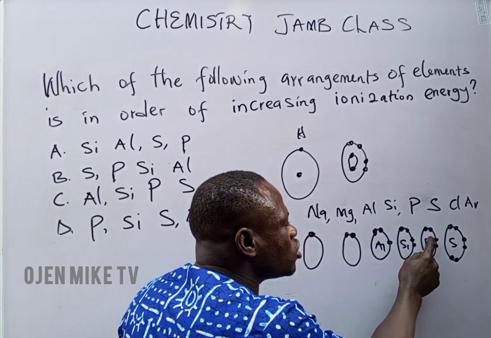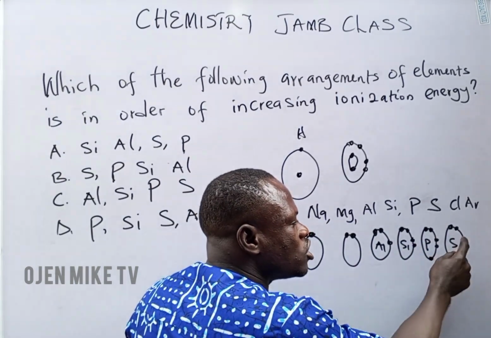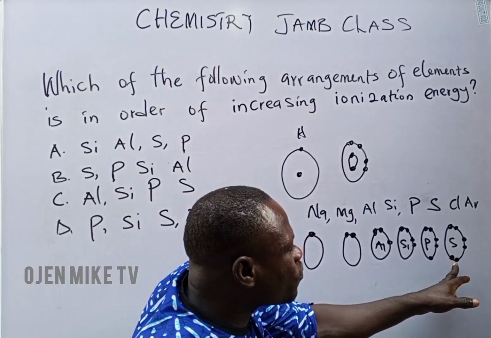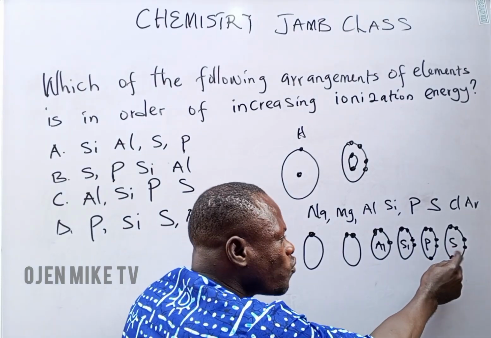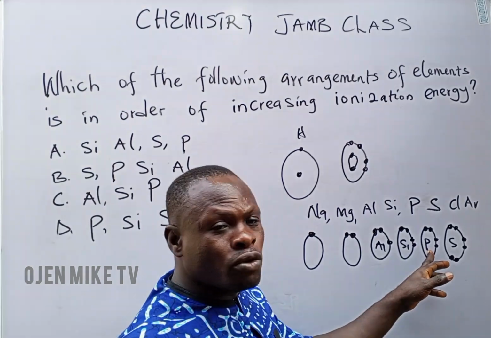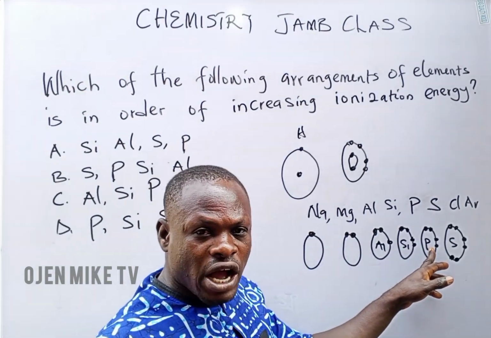There are more electrons in the phosphorus atom than in silicon. There are more electrons in the sulfur atom than in phosphorus. So the energy required to remove an electron from sulfur will be greater than the energy required to remove an electron from phosphorus. Are you following?